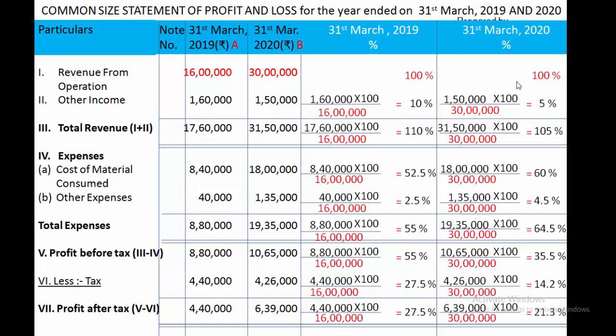Then in this statement you can check, and again in 2020, 100 plus 5 is 105, 60 plus 4.5 is 64.5.